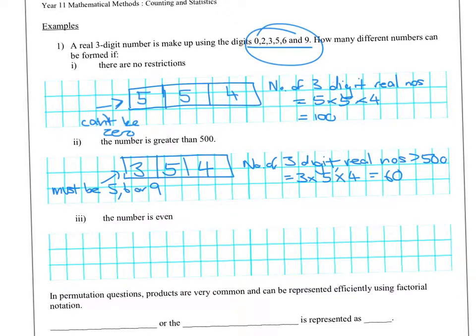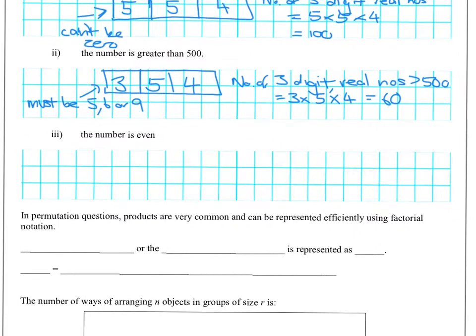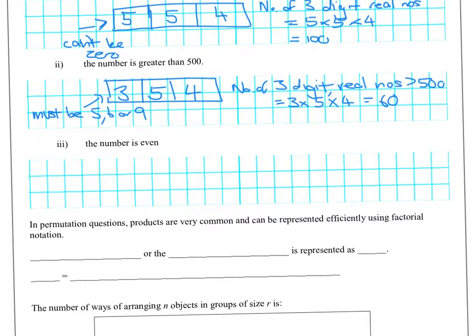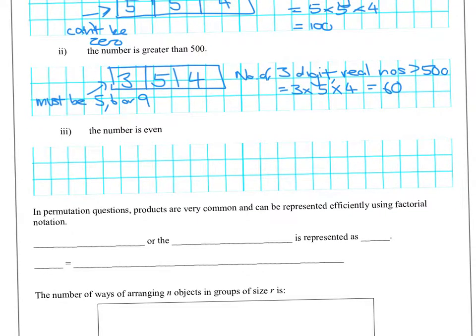And the final one is a little bit trickier. What if the number is even? If the number is even, it must end in 2 or 6 or 0. But because that 0 is a little bit of a different option, we're going to split this up. 2 and 6 are pretty much the same scenario, whereas 0 is a different scenario.